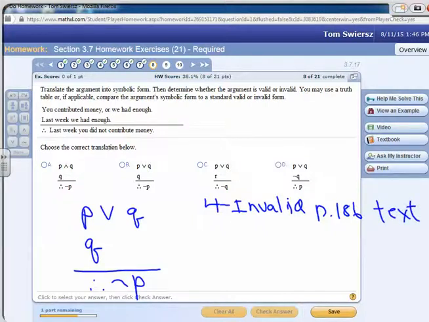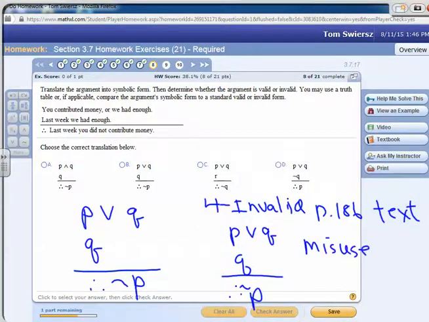On page 186, if you've got P or Q and you're given Q, therefore concluding not P is the misuse of disjunctive reasoning. It's called misuse of disjunctive because it's a fallacy. You can't do it, so it's automatically invalid.